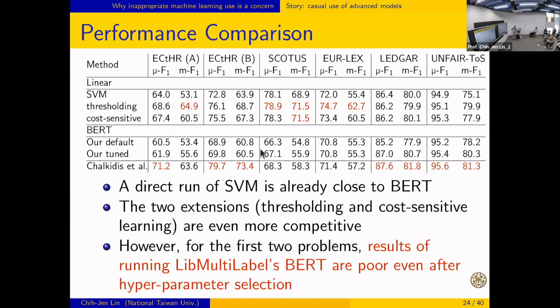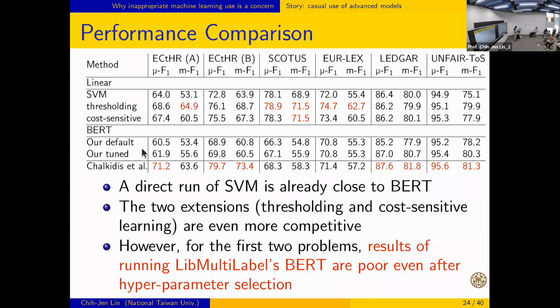And here's the result. The setting of the table is the same as before. So each column is about one data set. But I separate the rows into 3 categories. First is linear. Those 3 rows correspond to the results by running our package. Remember, I mentioned we have 3 linear methods there.